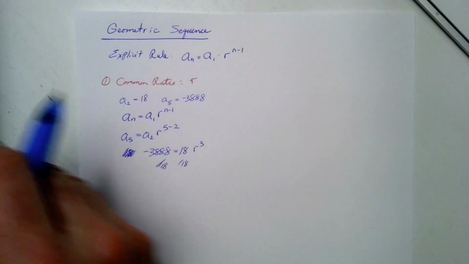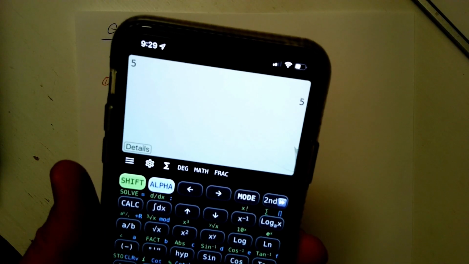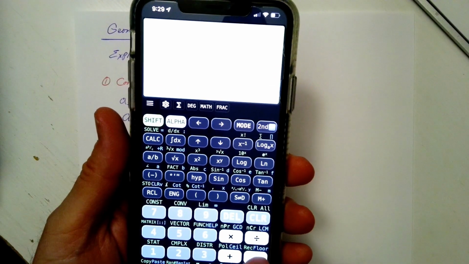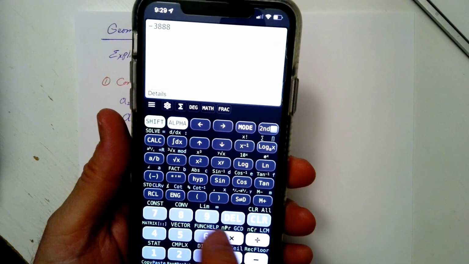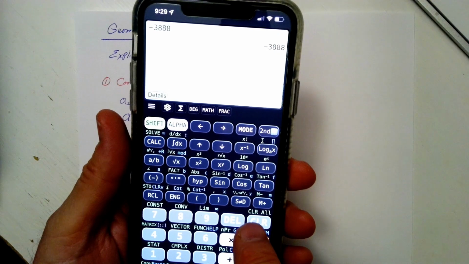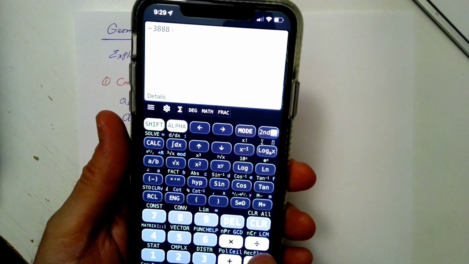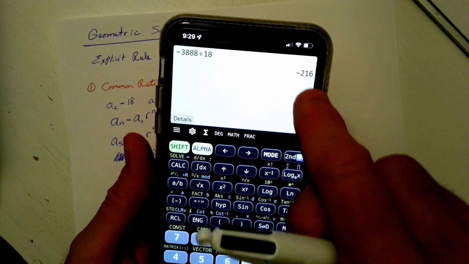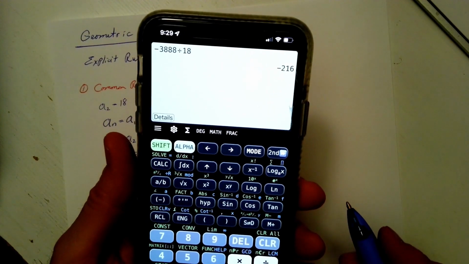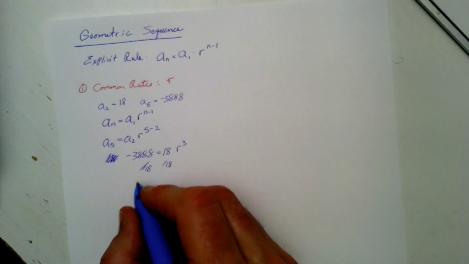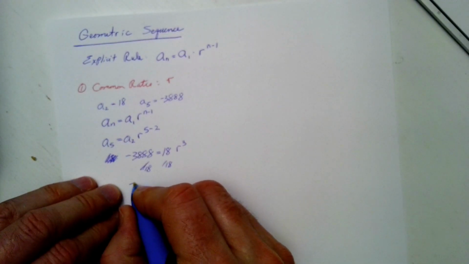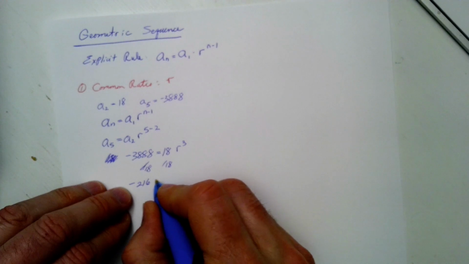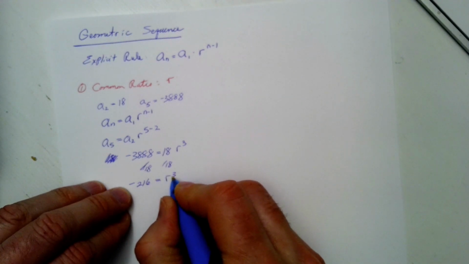I don't know what that is in my head, but we have negative 3888 divided by 18, and that equals negative 216. So we have negative 216 equals r to the third.